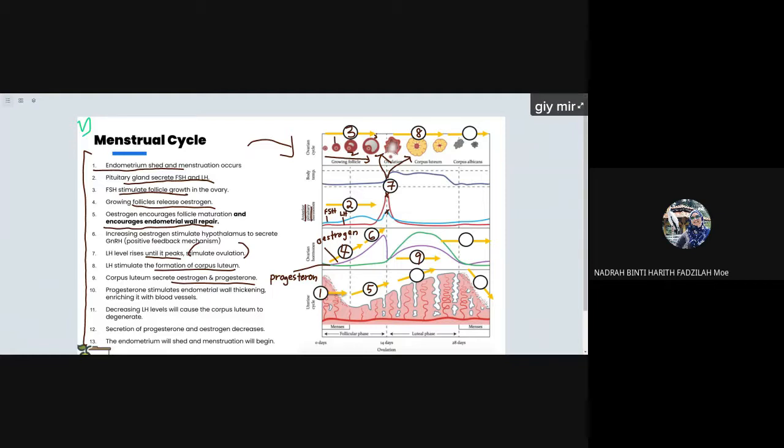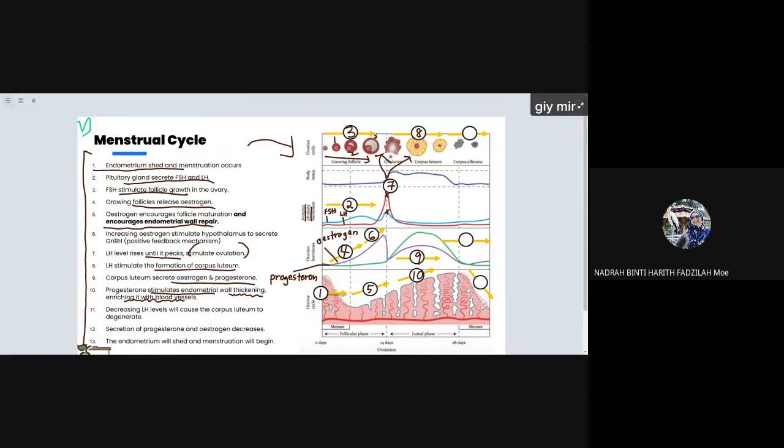That is your clue ya. So bila high level of progesterone detected in the blood, it will stimulate endometrial wall to start thickening and enrich with blood vessel. So that is number 10 pada uterine wall atau pada endometrium lah.